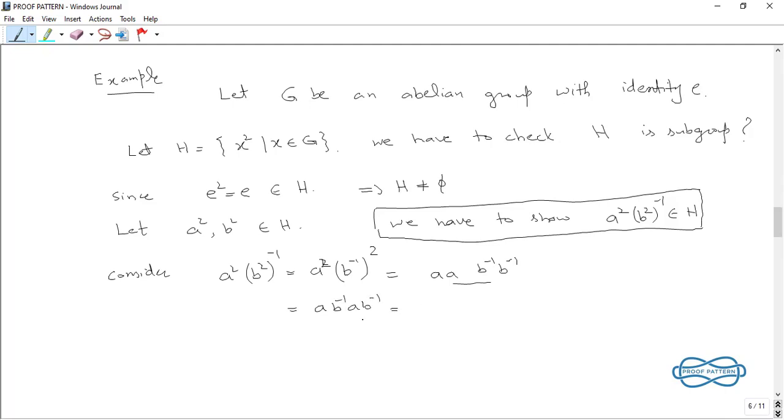And what is this? This is A B inverse whole square. So this element is also the square of some other element, so this belongs to H. Hence, according to the one-step subgroup test, H is a subgroup of G.